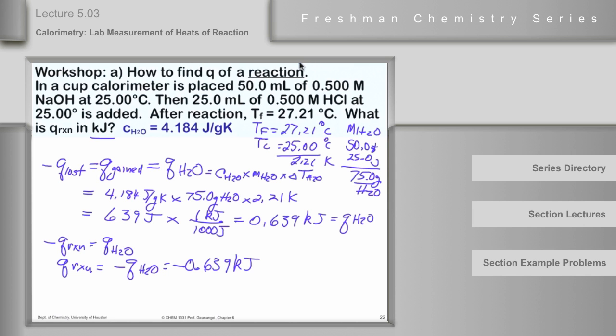Sodium hydroxide and HCl, I combine them. One of the products is going to be water, or what's the other one? Salt, sodium chloride. Okay, so what we need to do is to figure out what the net ionic reaction is. And of course, for an acid-base reaction, we already looked at that. It's H plus OH minus goes to H2O. And then figure out how many moles of H2O we form.